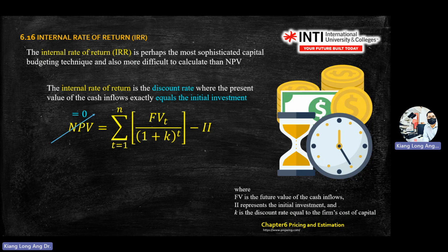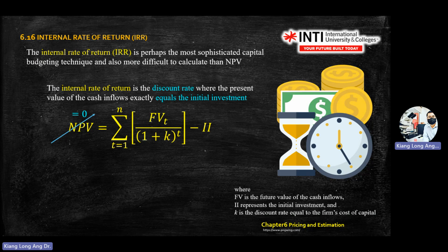Okay, so this is the statement. If the question asks you the definition of internal rate of return, you can straight away write this equation and then write NPV equals 0. But you have to explain what is FV, 1 plus K to the power T, what is K, what is I. You can either write this equation or write the text: IRR is a discount rate where the present value of cash flow exactly equals the initial investment.